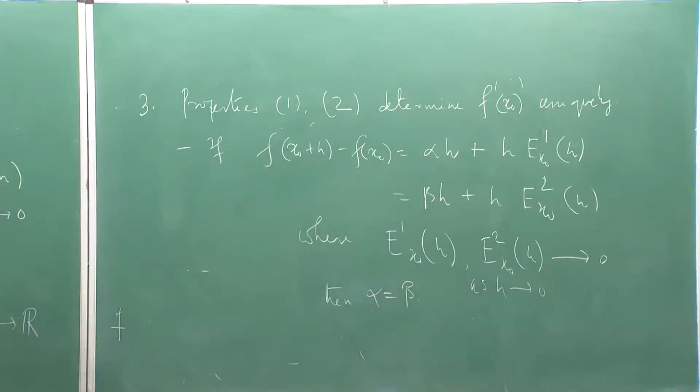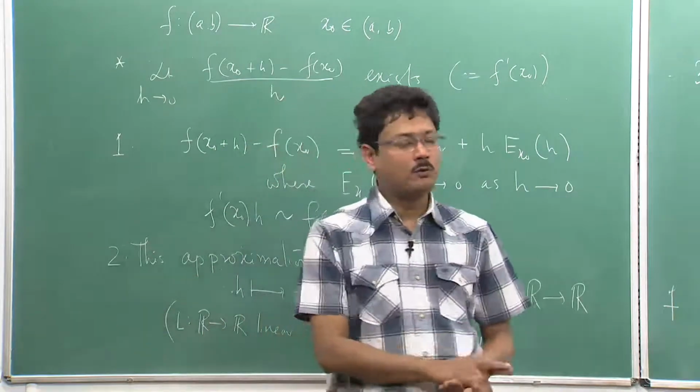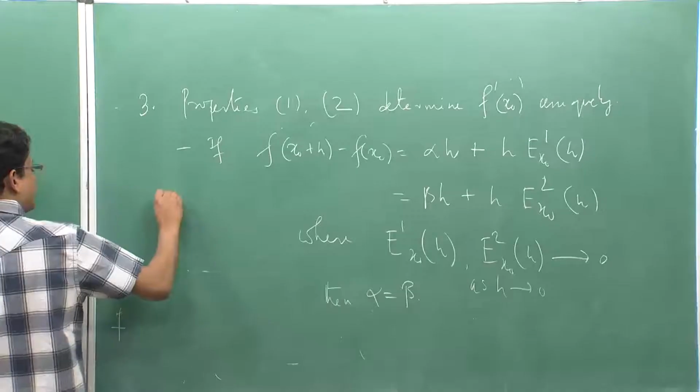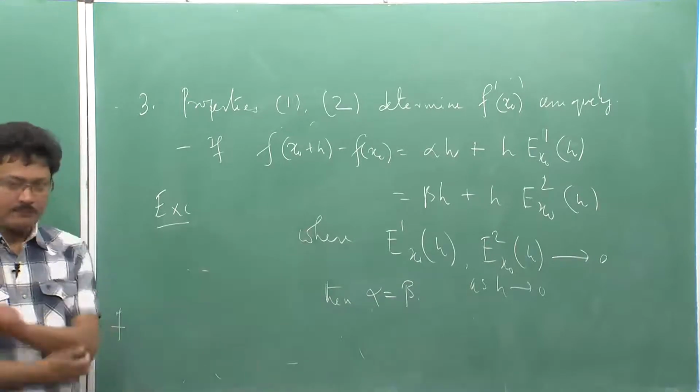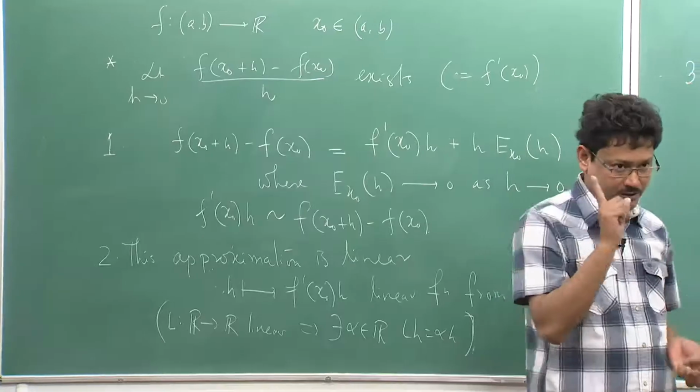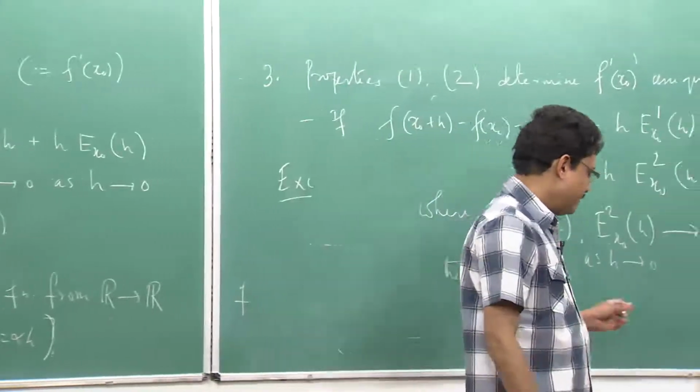So, f prime x naught is uniquely determined based on this property; this I put as an exercise, and in the next class we will start from here and come up with the right definition of differentiability. Thank you.